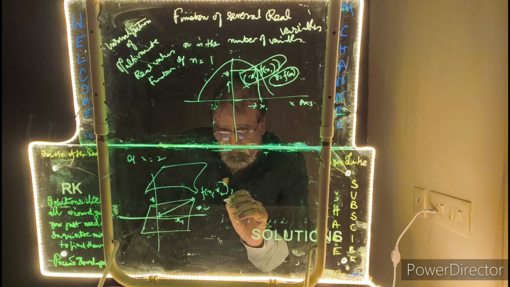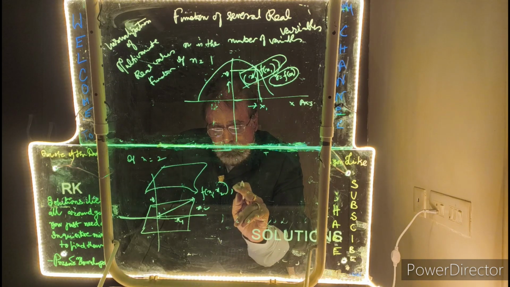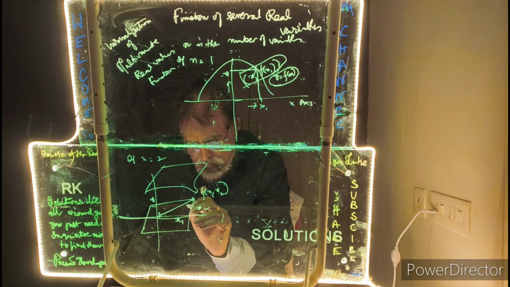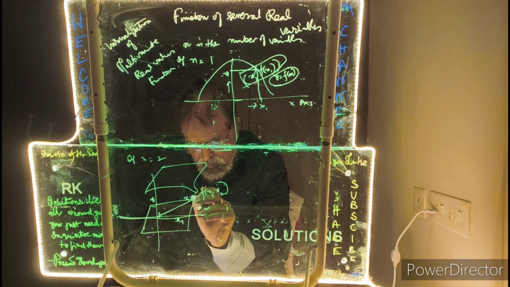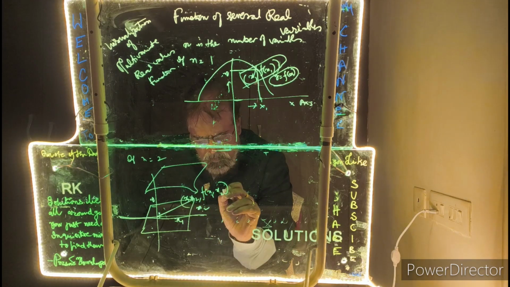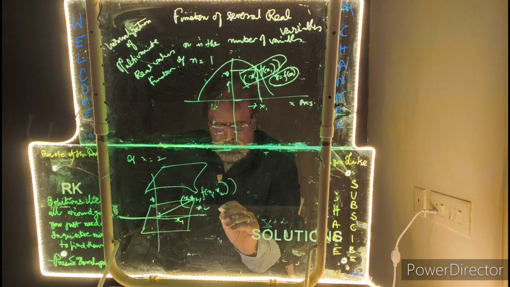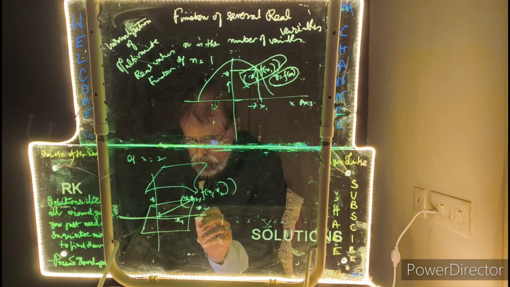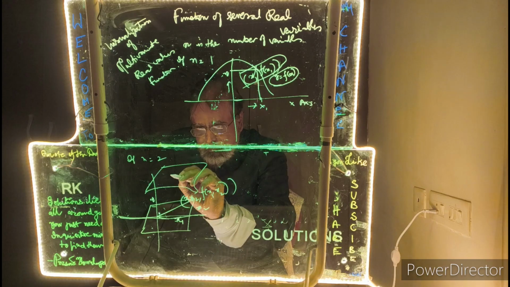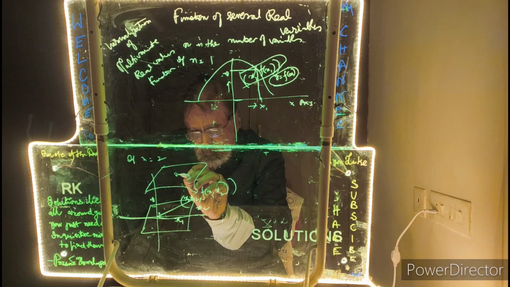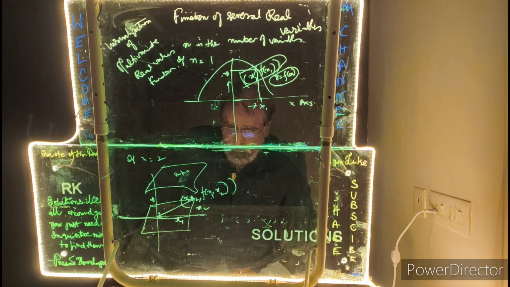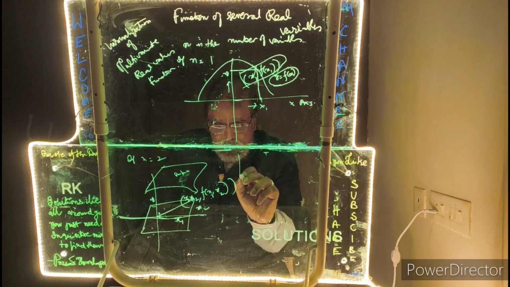So x1, x2, f of x1, x2. This is how it looks if you have two variables. A set, you can say.